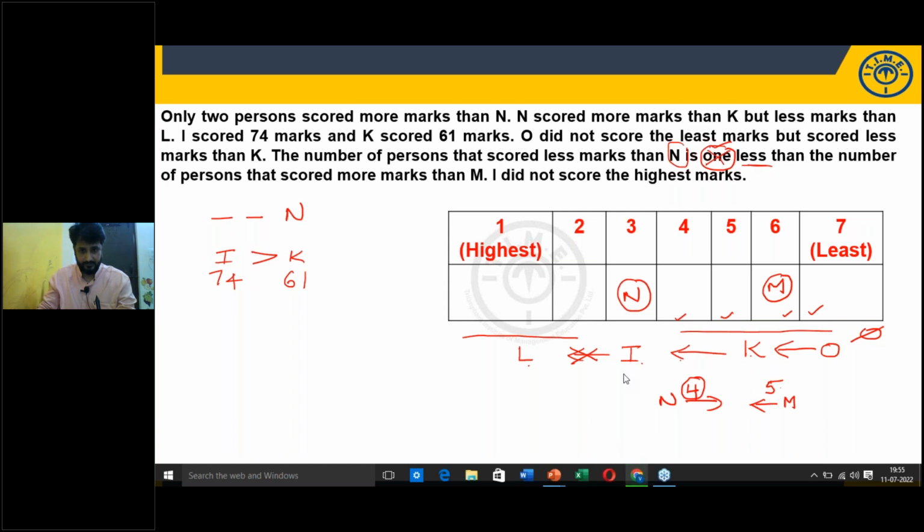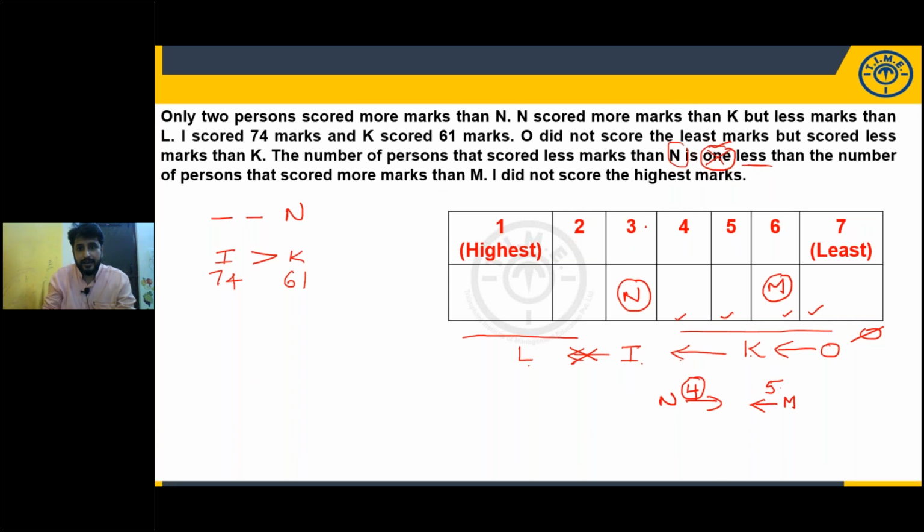Right. Observe it. It is mentioned the number of persons that scored less marks than N. N is already in the arrangement, right? So after N, how many do we have? 1, 2, 3, 4. After N is 4. The number of persons that scored less marks than N is 1 less than the number of persons that scored more than M. If after N it is X, before M it has to be X plus 1.